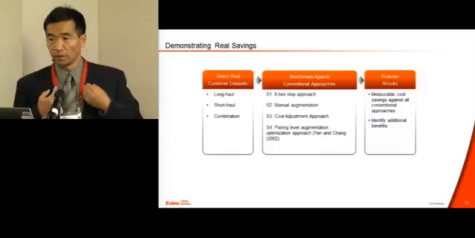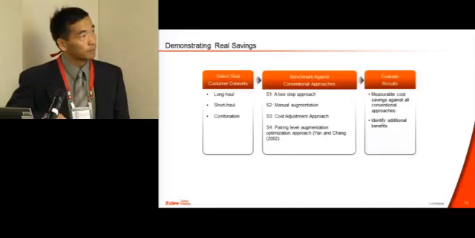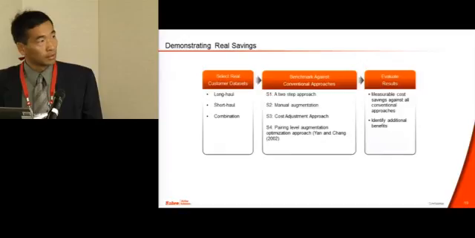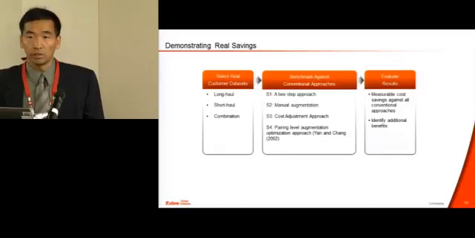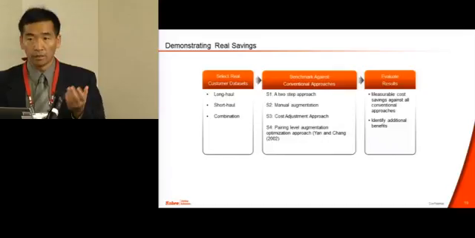And we can demonstrate real-life savings. In the next few slides we'll walk through this scheme. We'll pick a set of approaches, traditional, or what we call conventional approaches, compare against our solution on a data set that we pick from our set of customers, and do the cost comparison and demonstrate our savings.